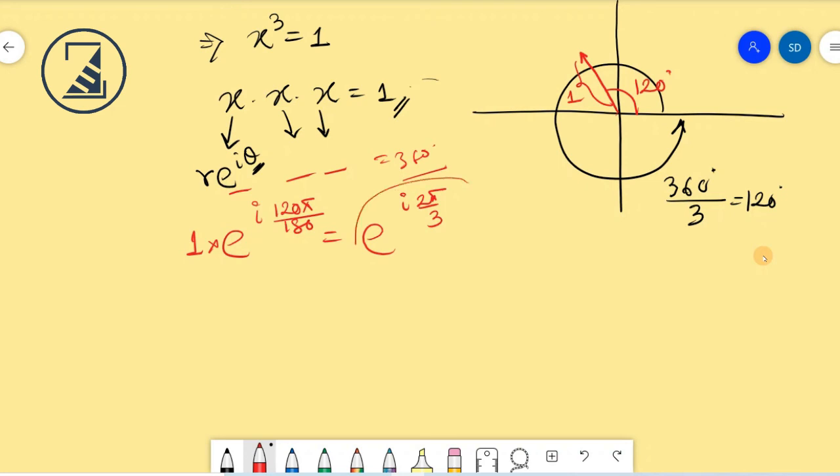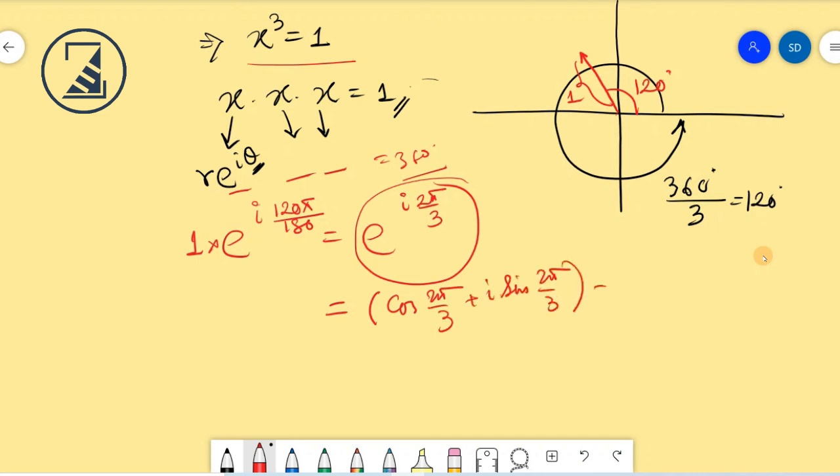Now this is my solution to the equation x cube equal to 1, but this is written in the polar format. Let's bring it back to Cartesian format. To do that, we have to apply Euler's formula. This is cos 2 pi by 3 plus i sin 2 pi by 3. Cos 2 pi by 3 is minus half, and sin 2 pi by 3 is root 3 by 2.